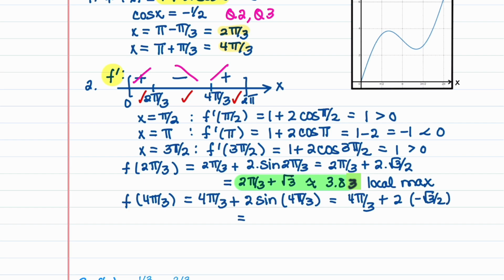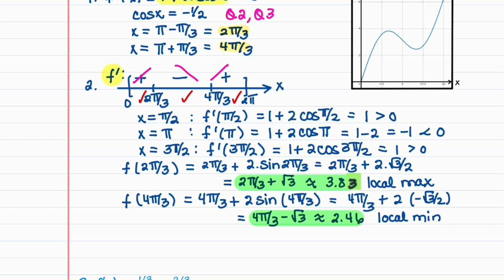So f is equal to 4 pi over 3 minus root 3. You put this into your calculator, this is approximately 2.46. So we have a local min equal to approximately 2.46 at x is equal to 4 pi over 3.